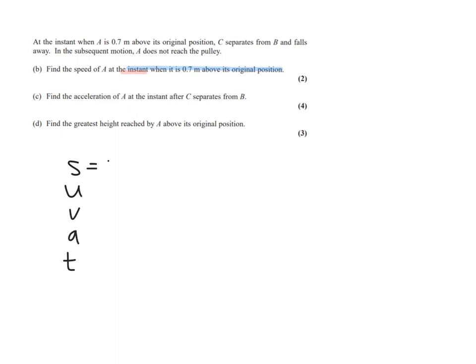And we have travelled 0.7 metres. We started from rest, we're trying to find this speed v, and our acceleration from before is, well, we need to think about which way this thing is moving. A is moving up, and our acceleration was also up. So acceleration here is positive g over 7. The Suvat equation containing v, u, s and a is v squared equals u squared plus 2as, and we just plug in what we know.